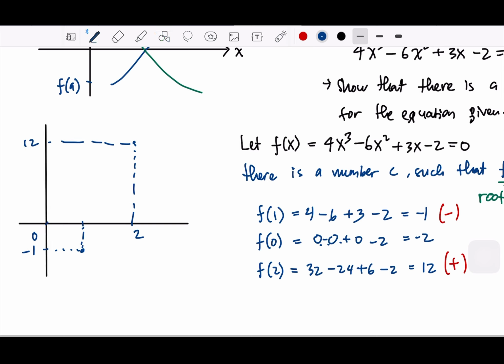This is 12. So it will be going up like that. Okay. And the curve, we don't really care what the curve will be, okay? Because that is not our case in the given question.